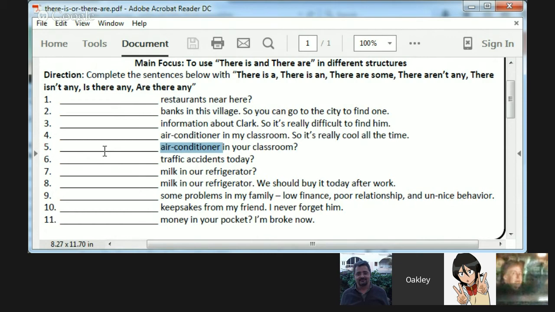Okay, is there an air conditioner? You can't say, is there any air conditioner? Any means more than one. Any means an amount, some kind of an amount. I can use it with countable or uncountable. But when I ask you, do you have any money?